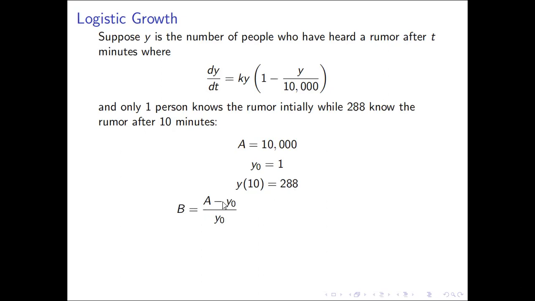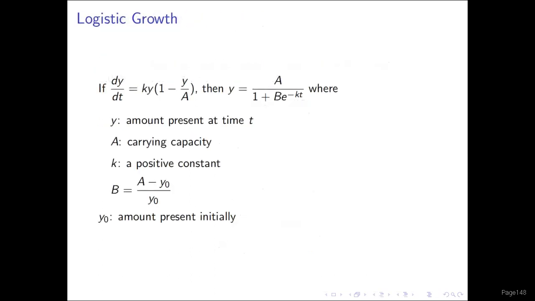And then, according to the formula, B is equal to (A minus y naught) over y naught. So we can solve for B: 10,000 minus 1 over 1, which is 9,999. And therefore, we can write down the solution to the differential equation, given by this.